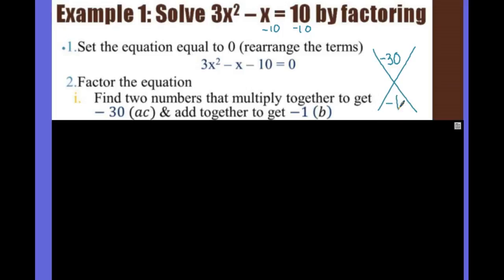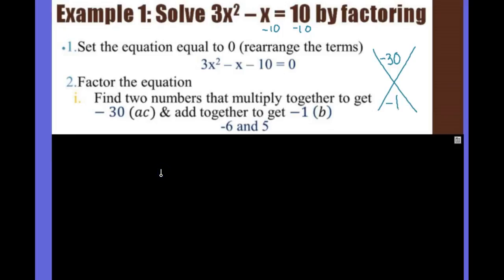So I need factors of -30 that sum to -1. What numbers multiply to give me -30 that are 1 apart? Yeah, -6 and +5. Now we select the negative to be the 6 and the 5 to be positive because their sum is negative.